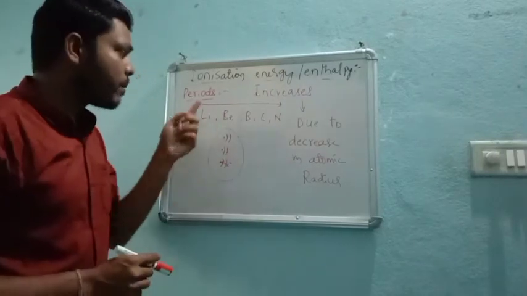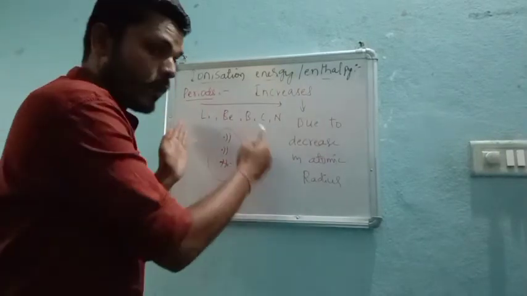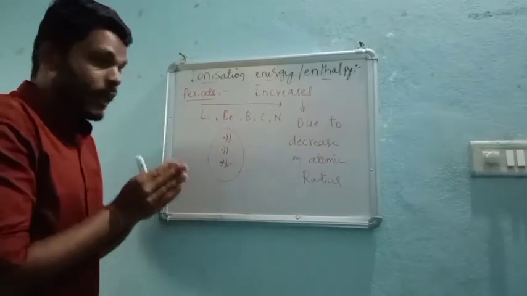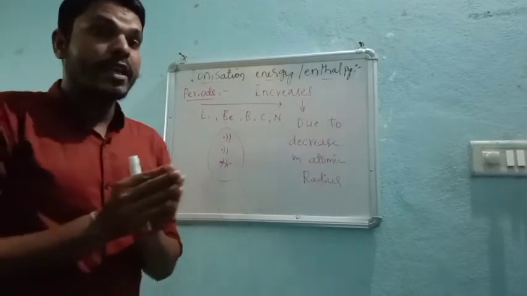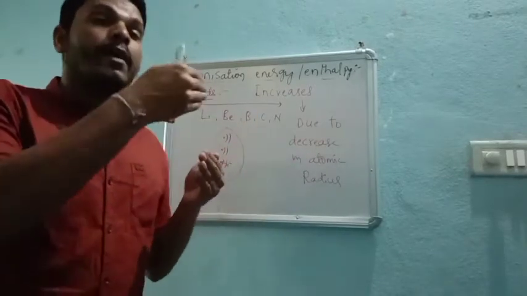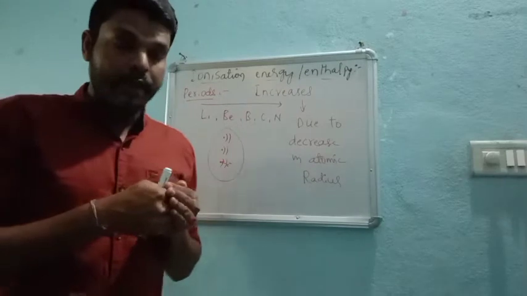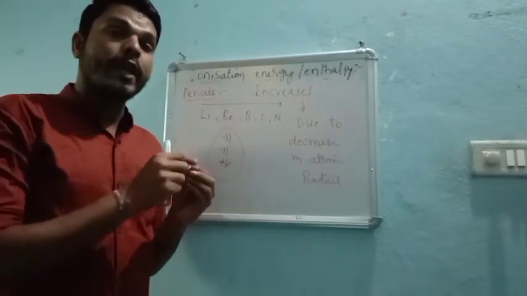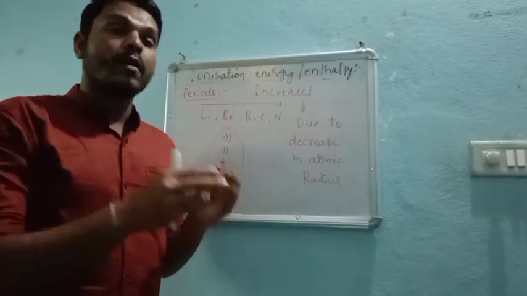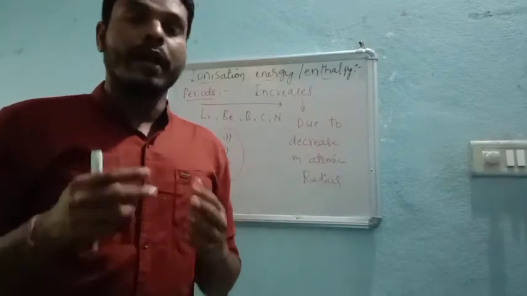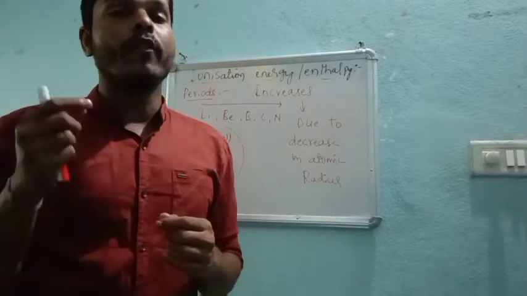Atom by atom, if we move from left to right, the shell size goes on decreasing. So the valence shell electron comes nearer to the nucleus. As it comes nearer, it is not that much more difficult to remove, but it requires more energy.